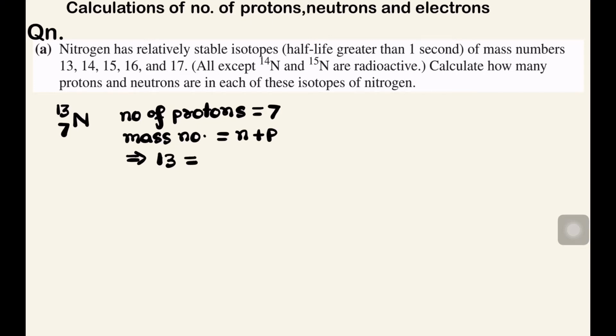So 13 will be equal to the number of neutrons plus the number of protons, and protons is 7. So we can say the number of neutrons in this isotope is 13 minus 7, that is equal to 6.